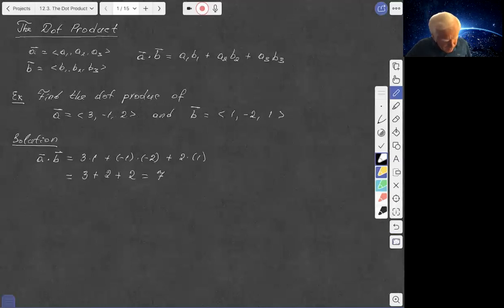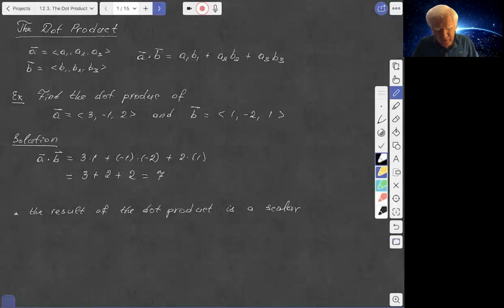So remember that this is a very important point: the result of the dot product is a scalar. Also, it can be positive, negative, or 0.